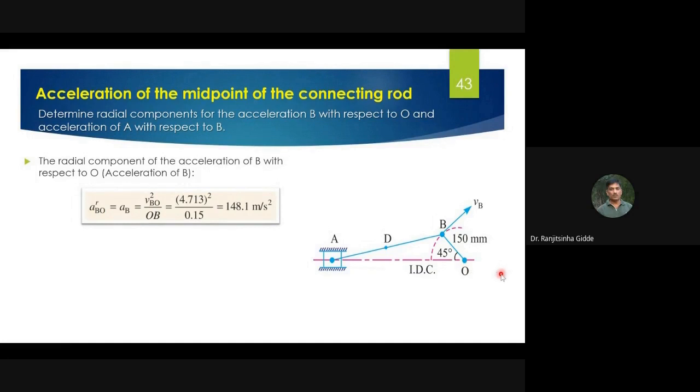Next, write down, and the radial component of acceleration. So O, this is B. B we have determined relative to O, and now we need to determine acceleration of this A relative to B. Next line, and the radial component of acceleration of A with respect to B.